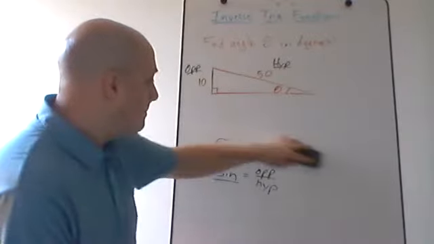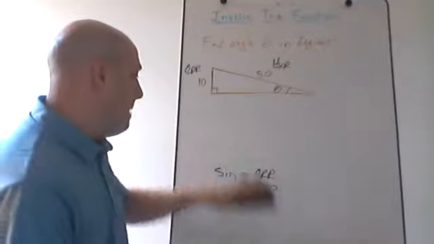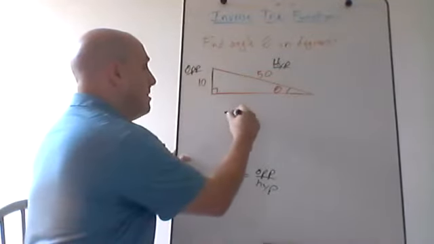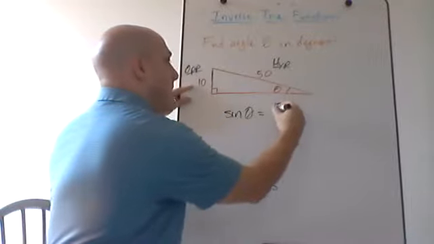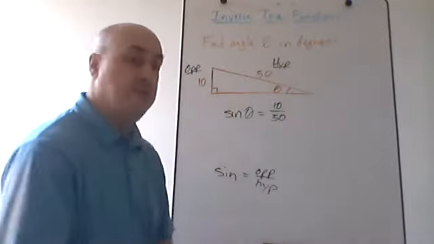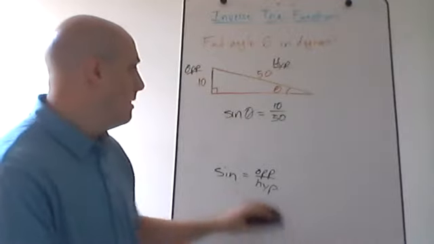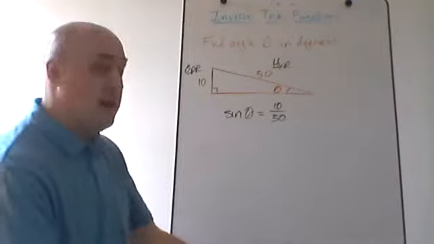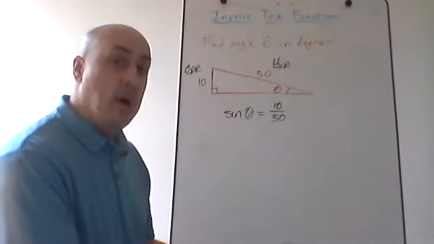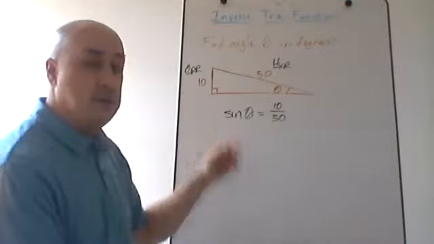Since I have the opposite side and the hypotenuse, and sine equals opposite over hypotenuse, I'm going to set up the equation sine of theta equals the opposite side 10 over the hypotenuse 50. And then I have to solve that equation for theta. So that's the first step for solving for an angle in a triangle: identify the sides you know, and identify which trig function you need to use based on which sides you have.